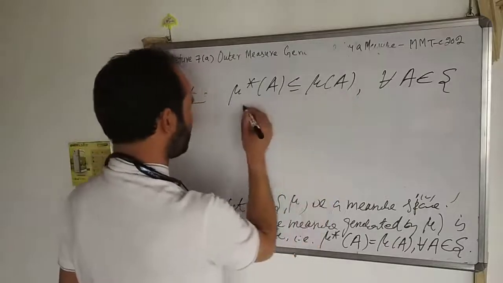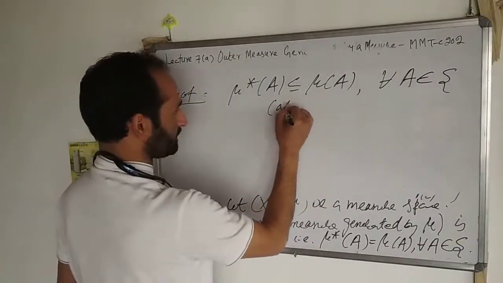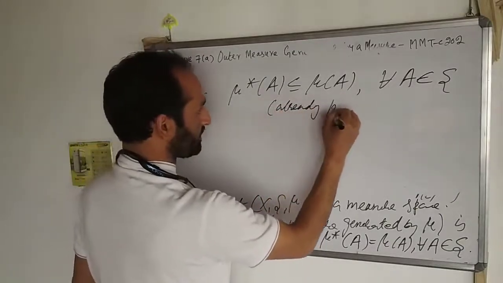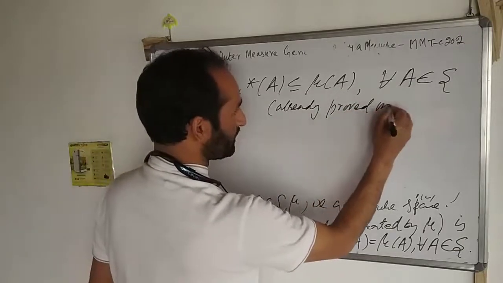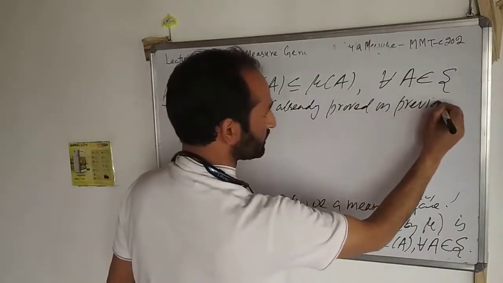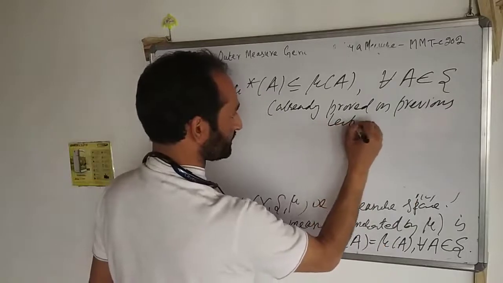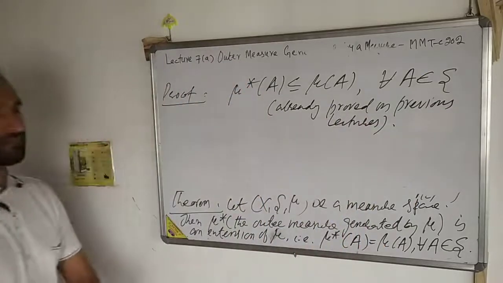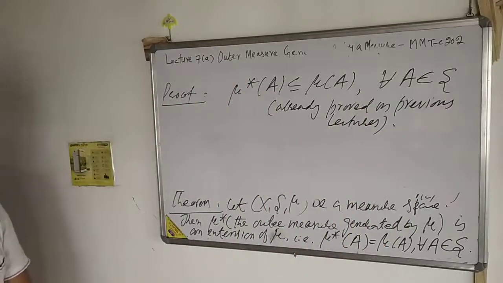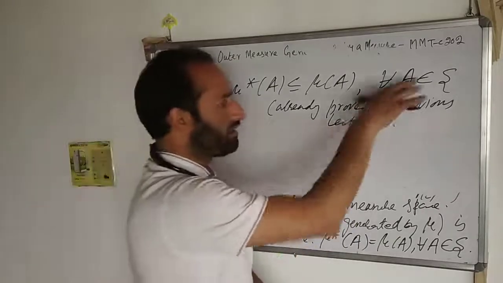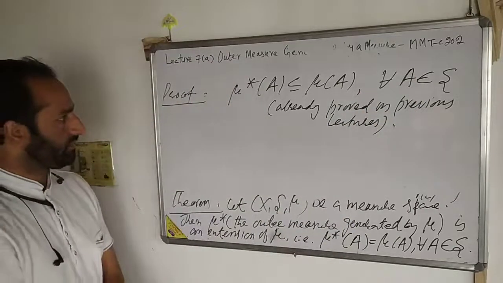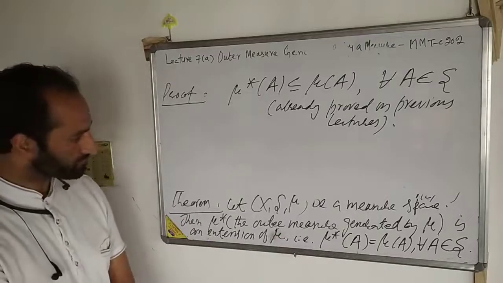I will write here: already proved in previous lectures. Mu star of A is always less or equal to mu of A for all A belonging to S. Now we prove the reverse inequality.